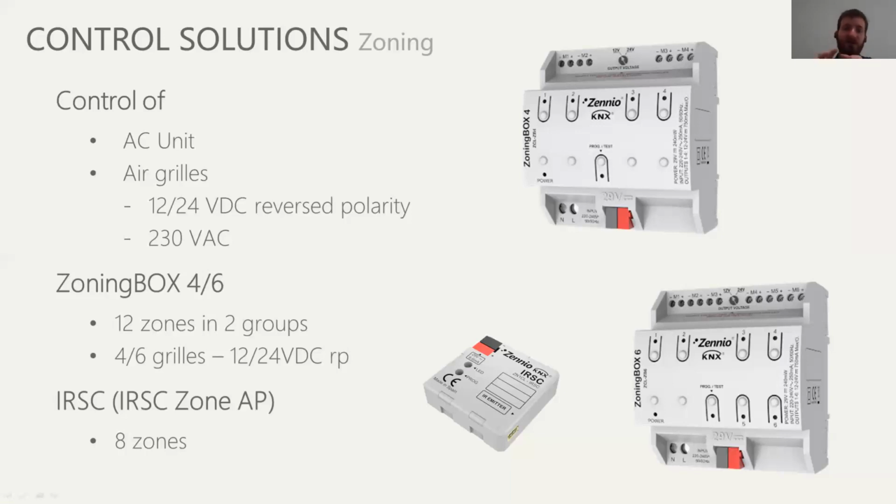So thawing can do the logic and then control the grills, but you can also have thawing doing just the logic. Say you have 12 zones, you could have 2 thawing box 6, just one of them doing the logic, and then the outputs work on a different block. They are completely independent.